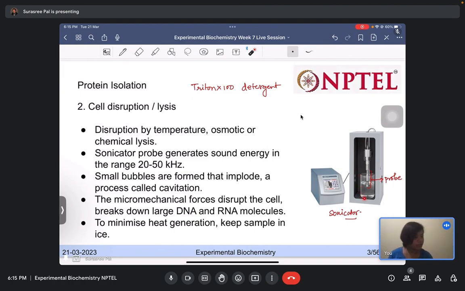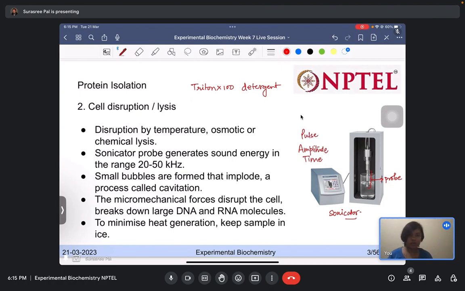In this beaker here, we have taken our sample. The sample volume can be small or larger, and accordingly we can use smaller probes or bigger probes. Now in this machine we set a particular amplitude, and we also set the time, and we set the pulse.